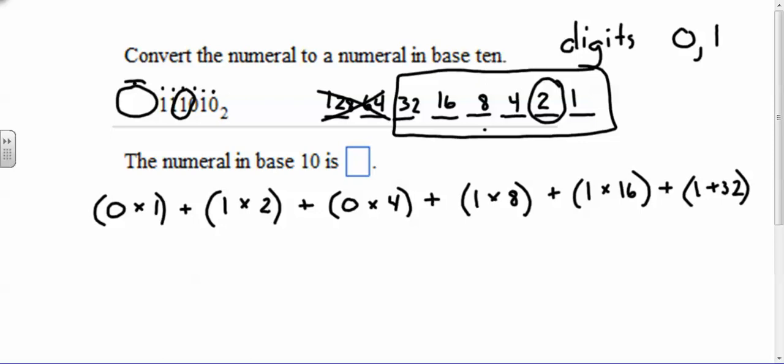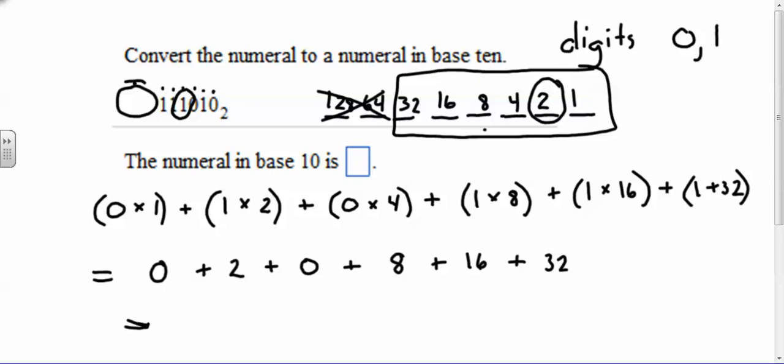Now we just multiply and add them together, and that would be the equivalent base 10 numeral. So we have 0 there, plus 2, plus 0, plus 1 times 8 is 8, plus 1 times 16 is 16, plus one group of 32.